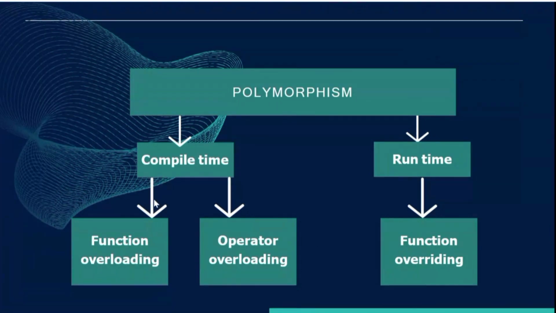Perfect. Let's move forward. Now, coming to function overloading and operator overloading. In function overloading, the same function is called with different arguments, and in operator overloading, a particular operator will overload a function to call the exact syntax or to run that exact part. Now, in function overriding, as I said, it uses the virtual function.